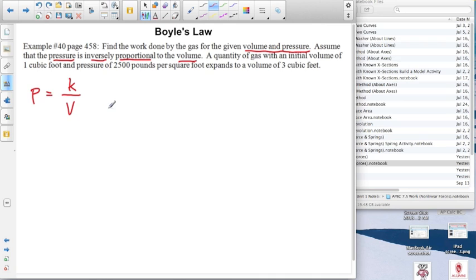So it says that the quantity of gas with an initial volume of 1 cubic foot and a pressure of 2,500 pounds per square foot expands to a volume of 3 cubic feet. And so we want to know what is the work associated as that expansion takes place. We're going to use this information to find our proportionality constant.